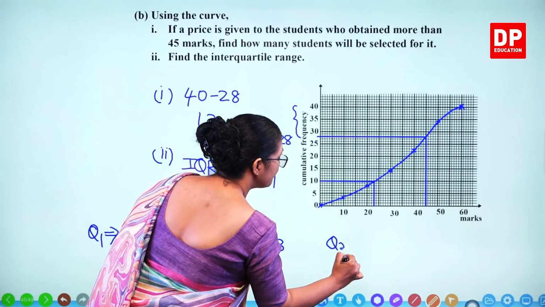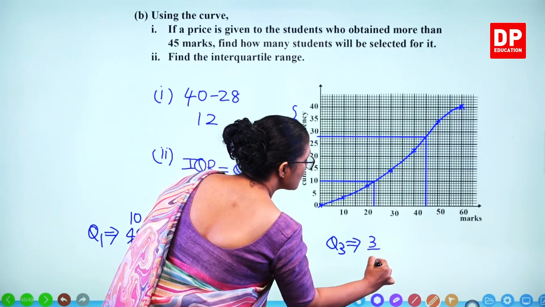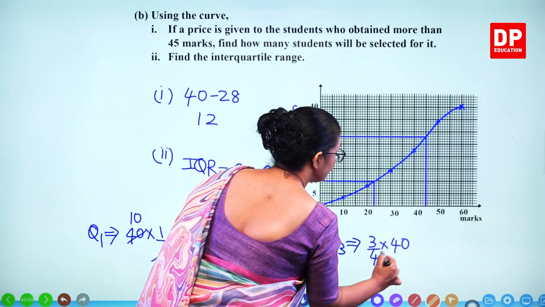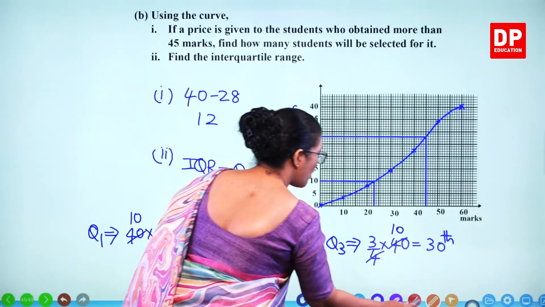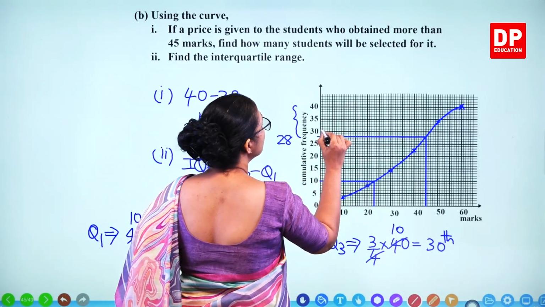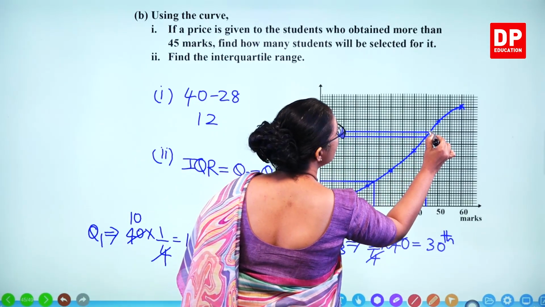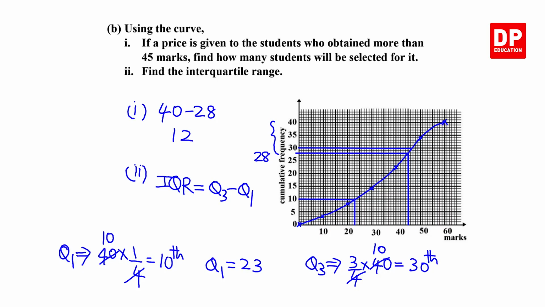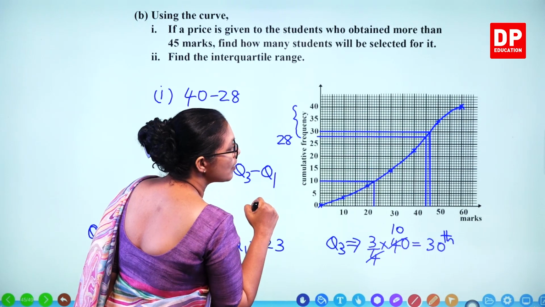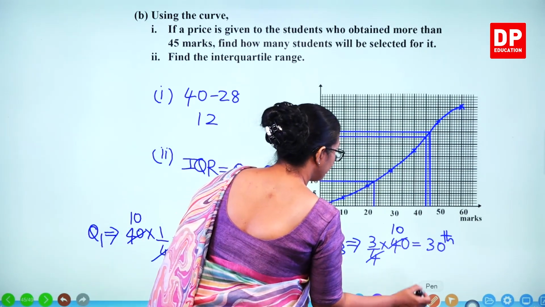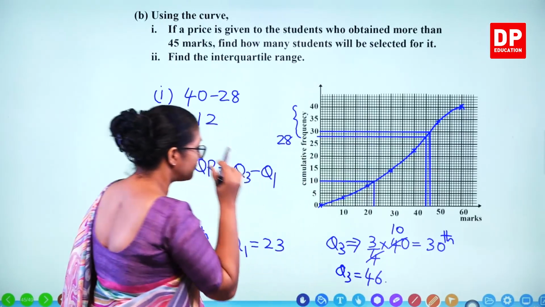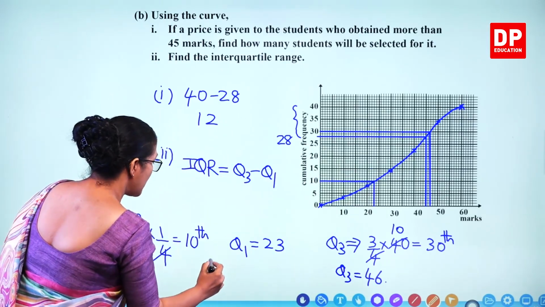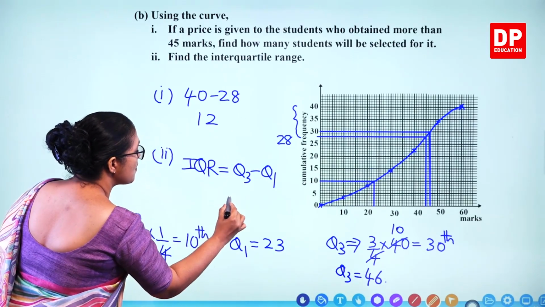Q3, 3/4 of 40. 30th one. You draw a line along 30 and read the value. That's 46. So Q3 is 46. Now what's the interquartile range? You can substitute here.